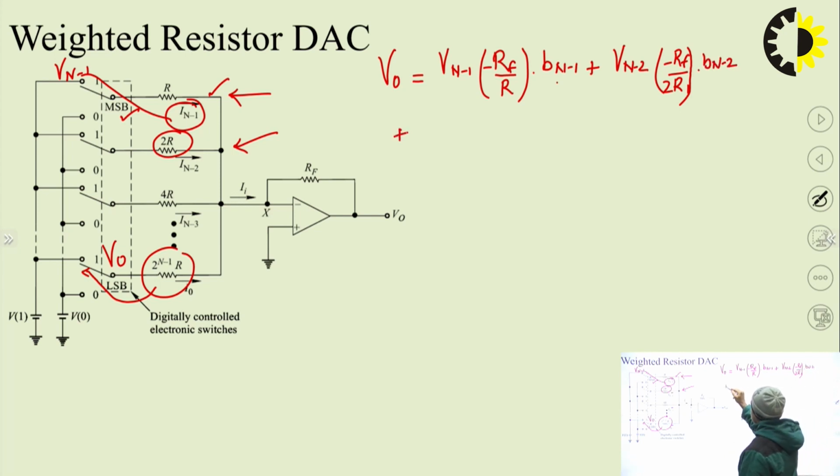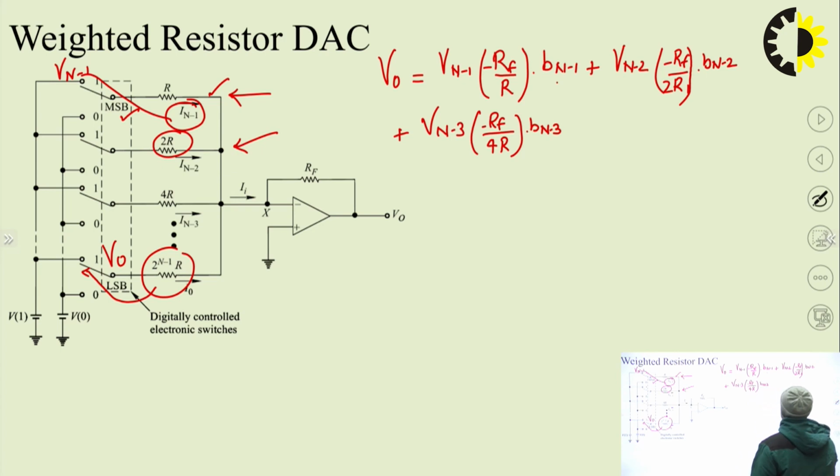Similarly, proceeding further, Vn minus 3 into minus Rf upon 4R into Bn minus 3.